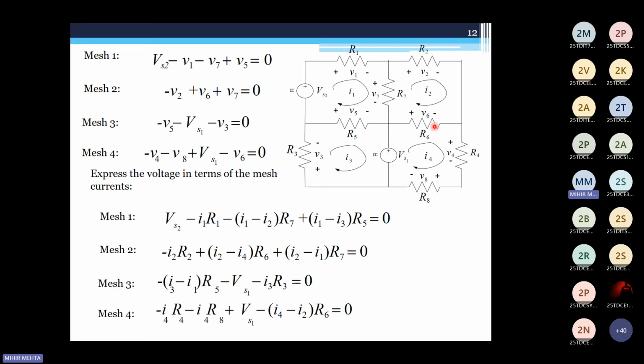So the currents I2 and I4 through resistance R6 are in opposite directions. If you are writing the voltage drop V6 for mesh 2, it would be I2 minus I4 multiplied by R6. The same can be seen here. But if you're writing the same voltage drop V6 for your mesh 4, it would be I4 minus I2 multiplied by R6.